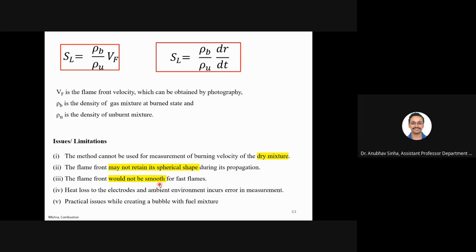The flame front will not be smooth. That is another issue. And this is also an issue with the previous technique, that electrodes will have some heat loss, and that will give rise to errors. And as you might have realized, it is not a very easy job to create a bubble with fuel mixture and all that. So what type of setup you are using, how you create this bubble, limits the applicability of this technique.